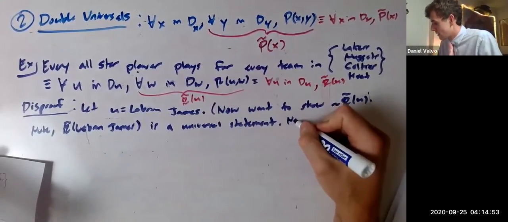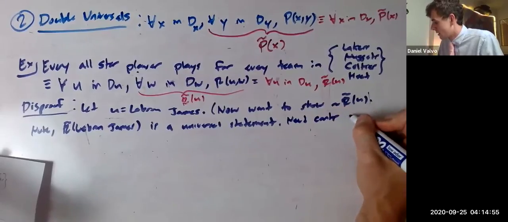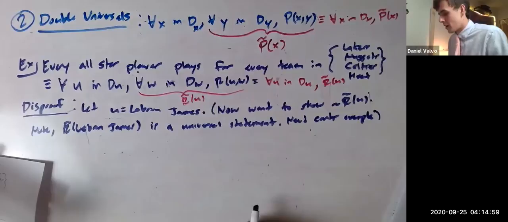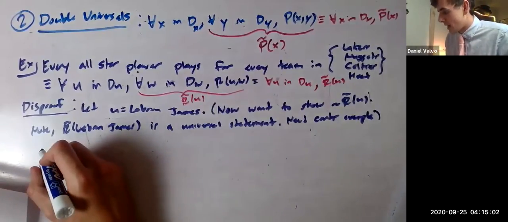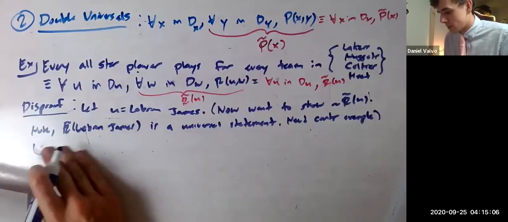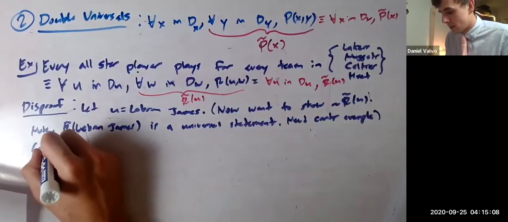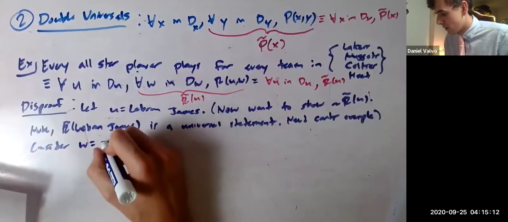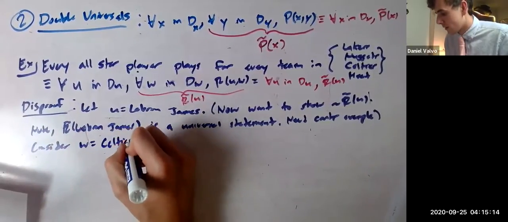So we need a counterexample again for this inner for all. The counterexample, I'll say, is let W equal Celtics.